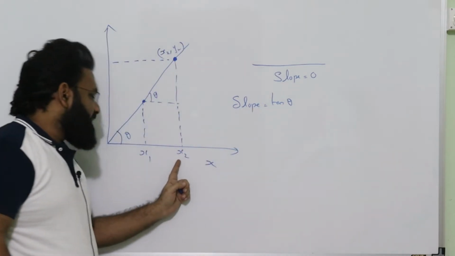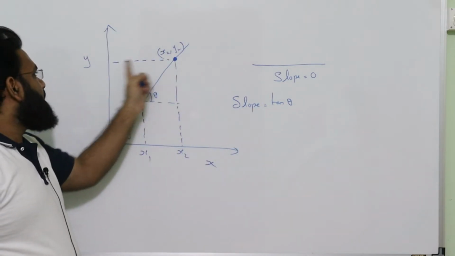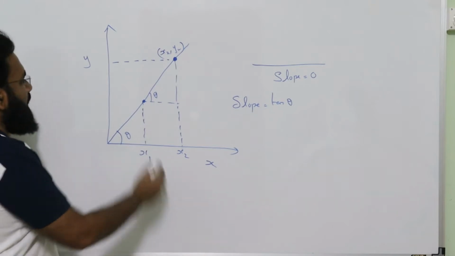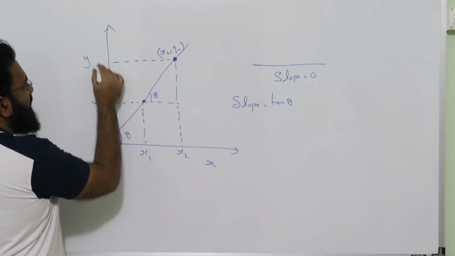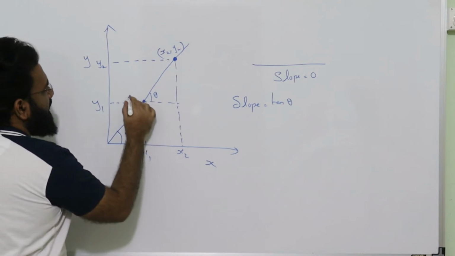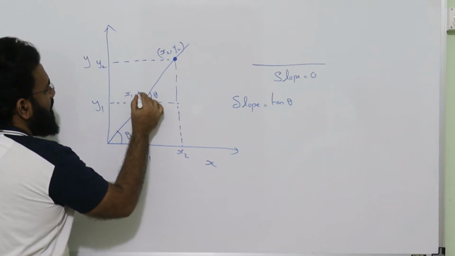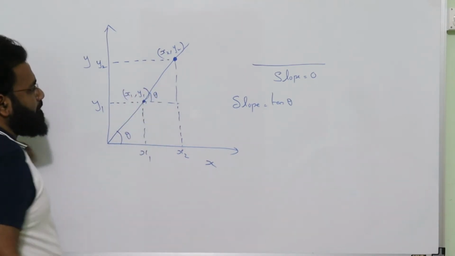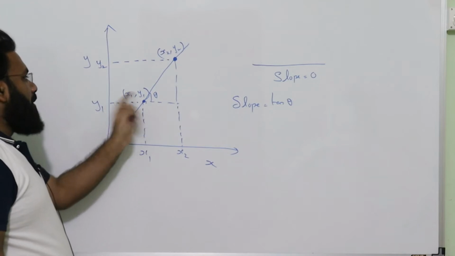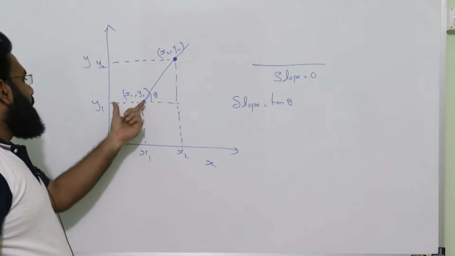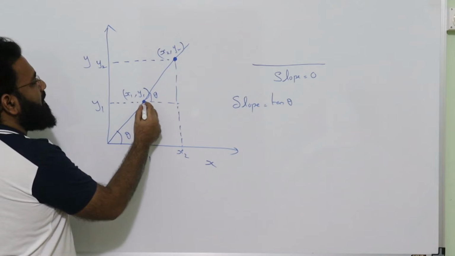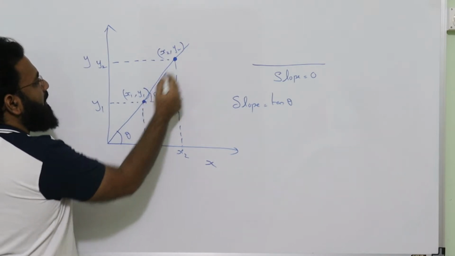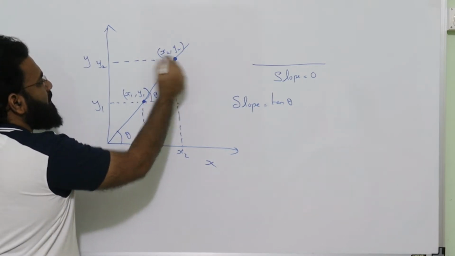With respect to the x-axis, this is x2, and with respect to the y-axis, this is y2. And here this is x1 and this is y1. So x1 comma y1, x2 comma y2. This is the address of each point in this plane.